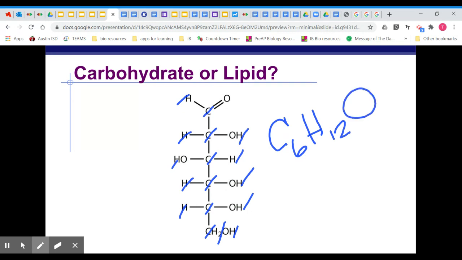Now let's look at oxygen, because that's really what's going to tell me. 1, 2, 3, 4, 5, 6 oxygens. So this is actually a different way of representing glucose, the same molecule we saw a couple slides ago. Be careful, because it could be represented in both ways. And they're both the same molecule. They're just different ways of drawing it out.